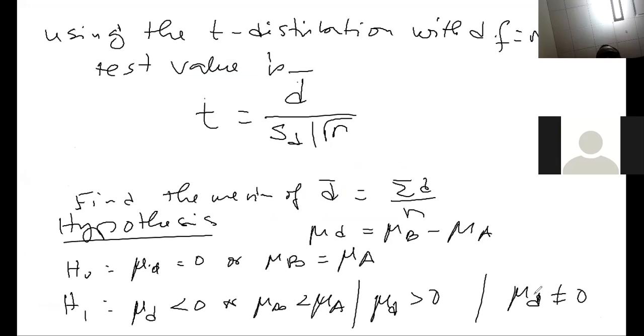We are going to first state the hypotheses. Difference for independent means not paired.